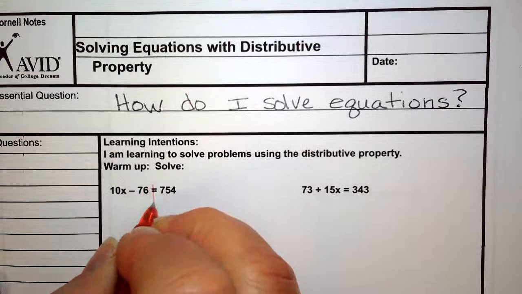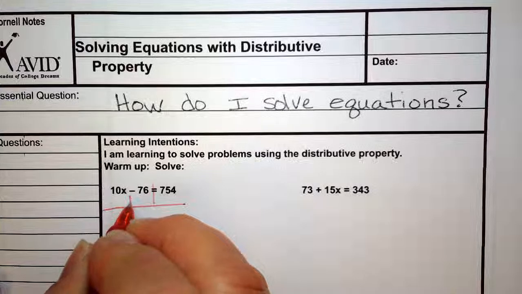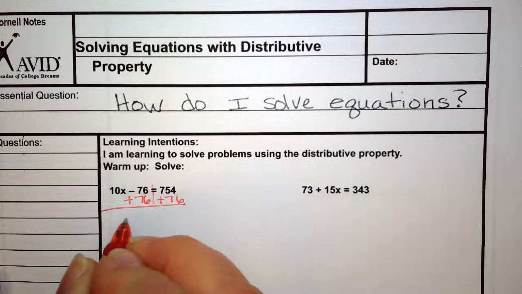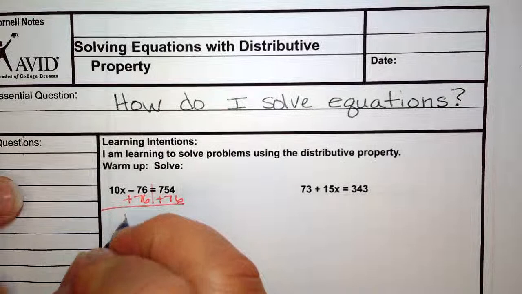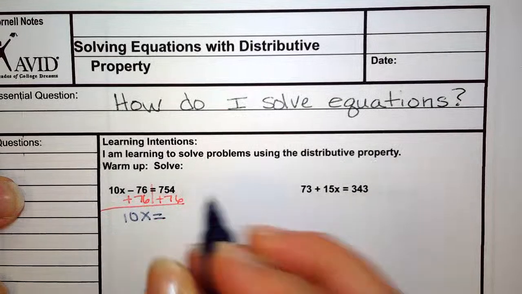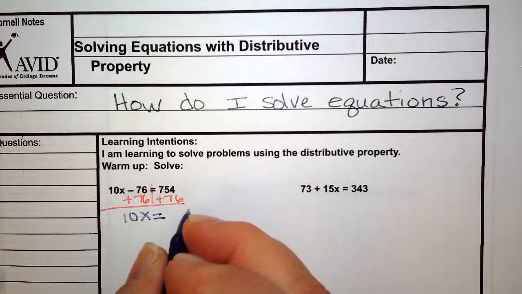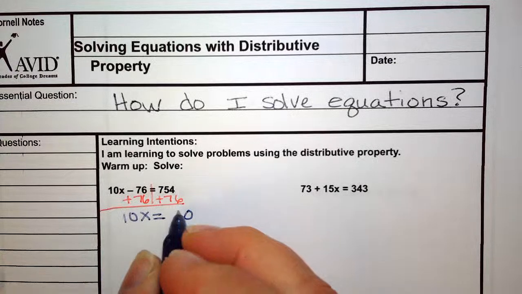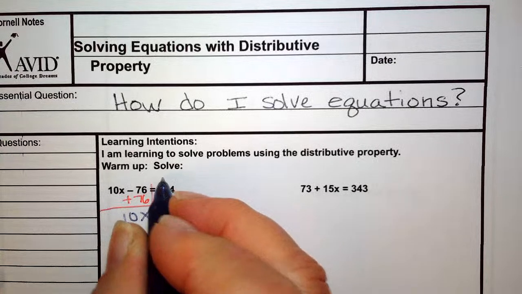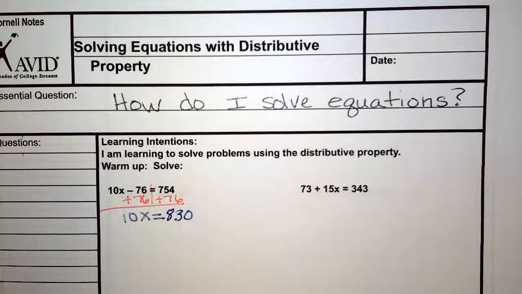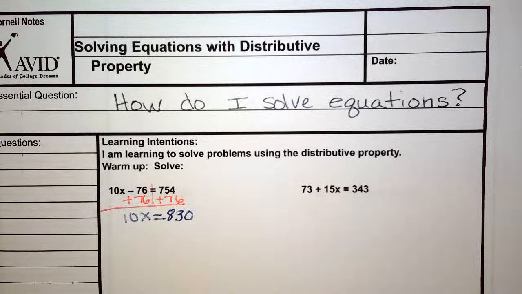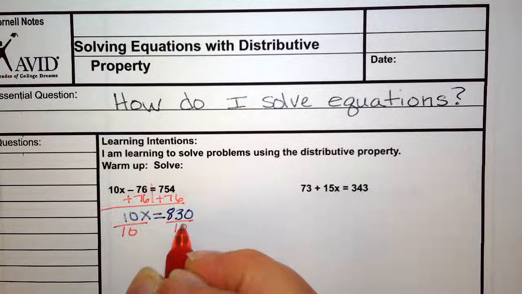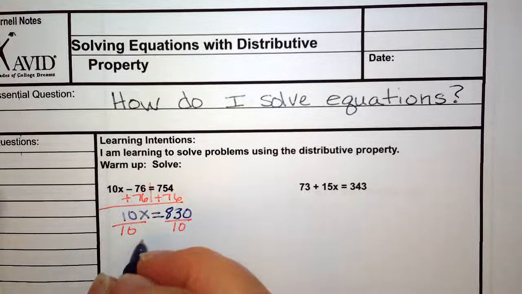To undo that, I will add 76 to both sides. 10x is equal to 4 plus 6 is 10, carry a 1. 1 plus 5 is 6. 6 plus 7 is 13, carry a 1 again. 7 plus 1 is 8. 10x is equal to 830. Divide by 10. And x is equal to 83.